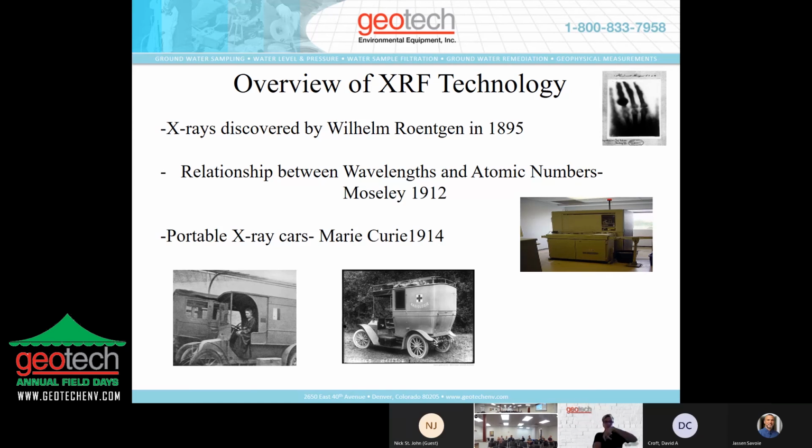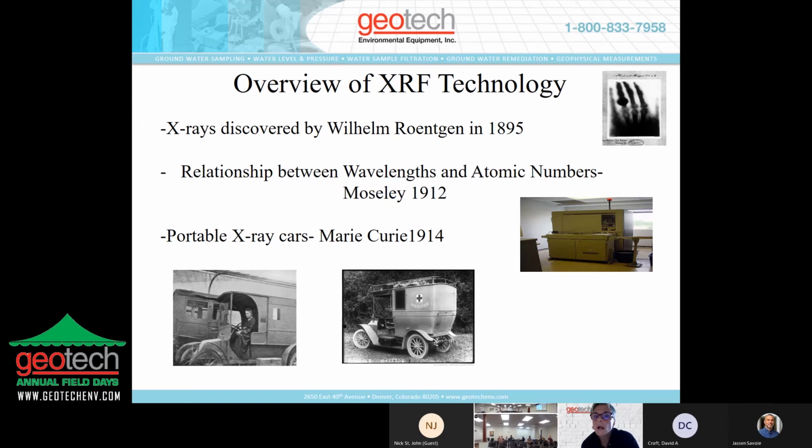So with X-rays, along came Moseley, who discovered the relationship between wavelengths and atomic numbers and allowed spectroscopy to be used in X-ray fluorescence.